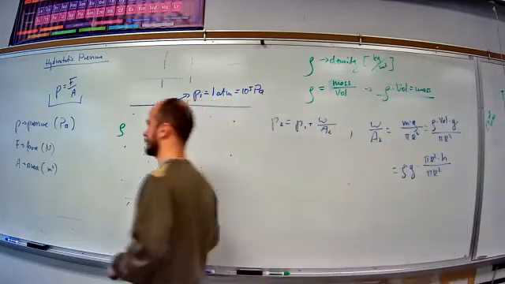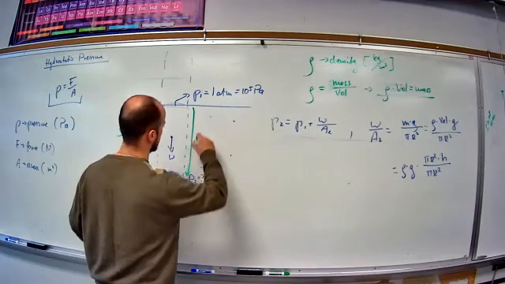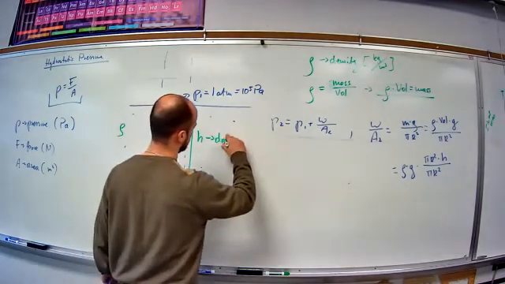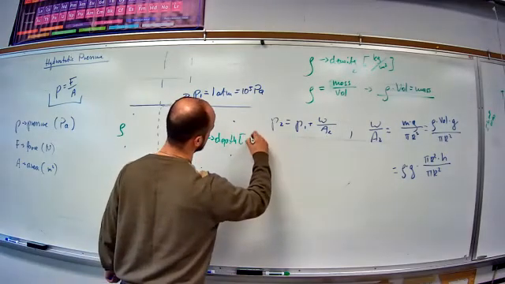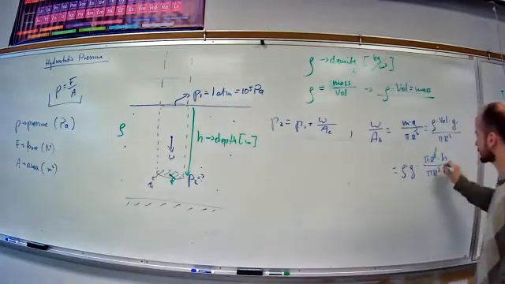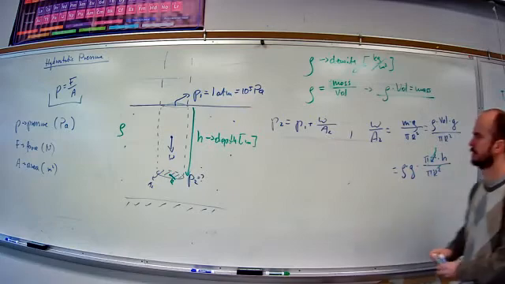Now what's my h? H is the important thing in this whole picture because h defines my depth. So here's h. Depth, and you want it in meters. Area cancels out, and now you have an expression here, rho g h.